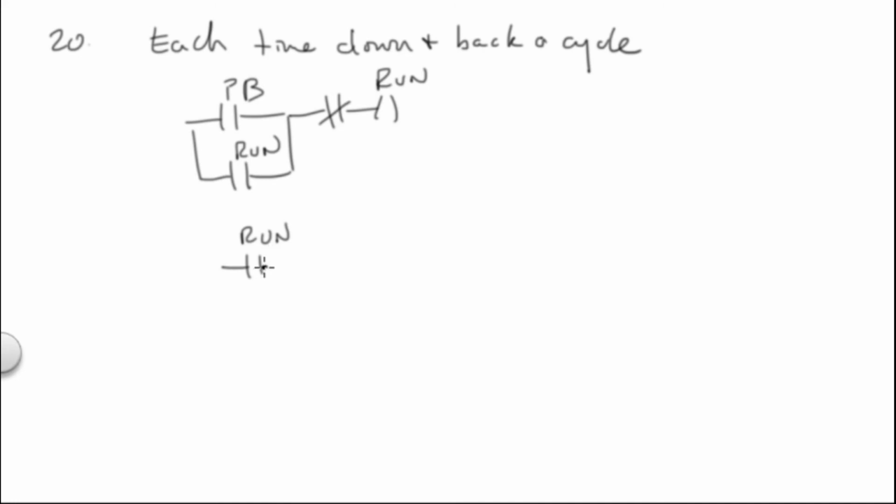Okay, so I want to do a run and I want to start, and let's just say I want to go to the right. So let's just say on a positive edge of the run, I start the process to the right. Okay, so I go to the right.